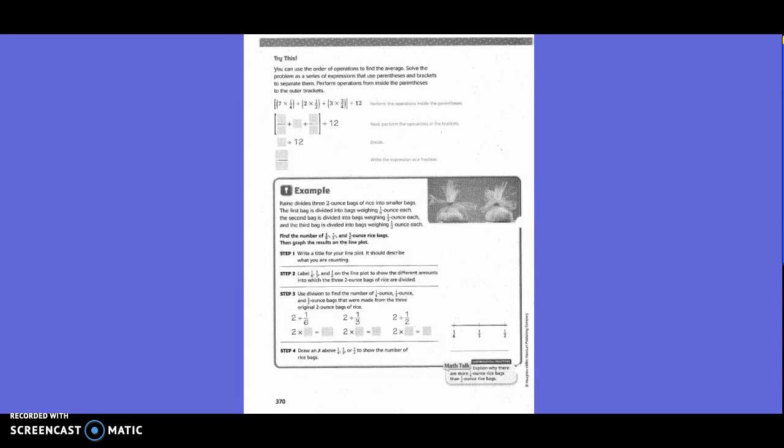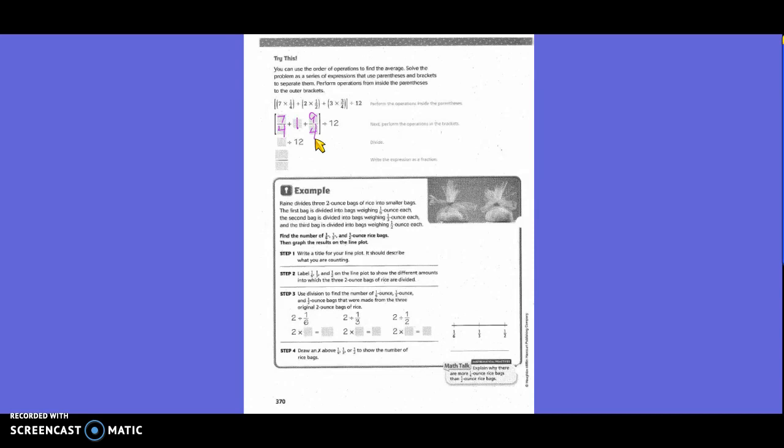So 7 times 1/4 is 7/4. 2 times 1/2 is 2/2, which equals 1. And then 3 times 3/4 is 9/4. So now that we've gotten rid of our parentheses, what do we do for order of operations? Brackets, right?